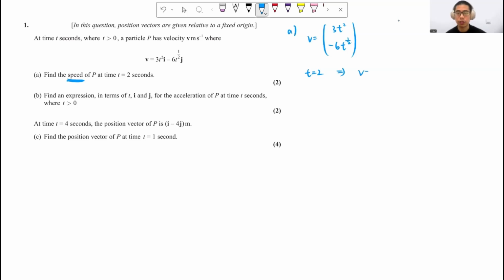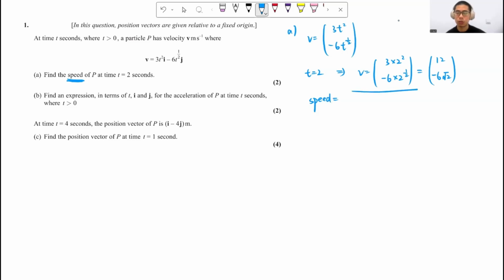Then we have v is equal to 3 times 2 squared, and then negative 6 times 2 to the power half. So 3 times 4 is 12, and then negative 6 times 2 to the power half, that's just root 2. So this is the velocity vector at time t equal to 2 seconds. If we're looking for the speed, that is just the magnitude.